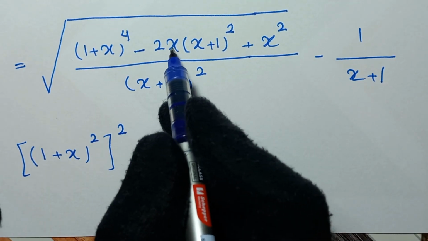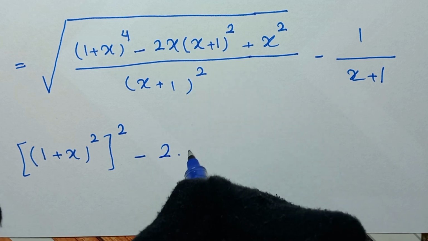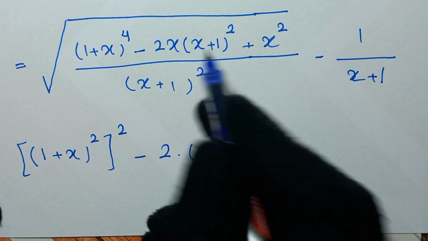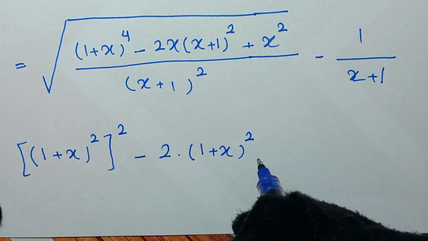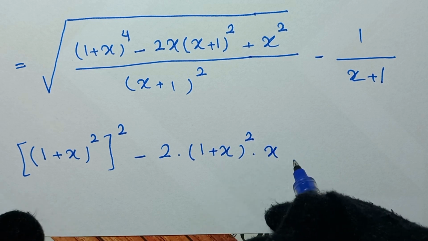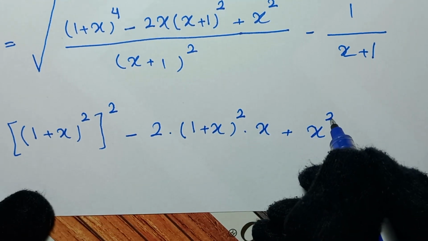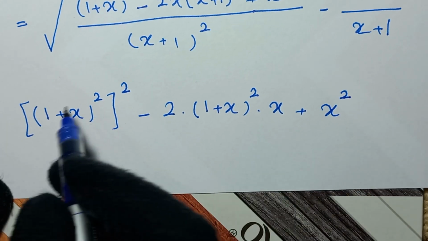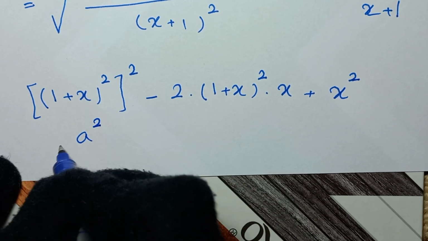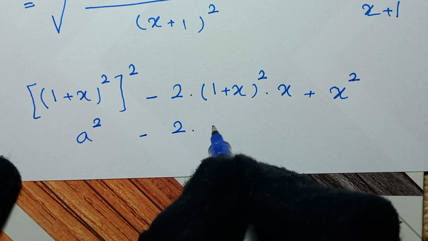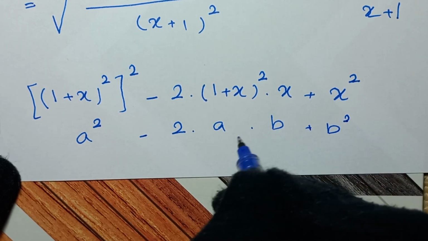Minus 2 times (x plus 1) to the power of 2. We can write this as 2 times (1 plus x) to the power of 2, times this x, right? And plus x squared. And here, if you look at this carefully, this is in the form of a squared minus 2 times a times b plus b squared, right?